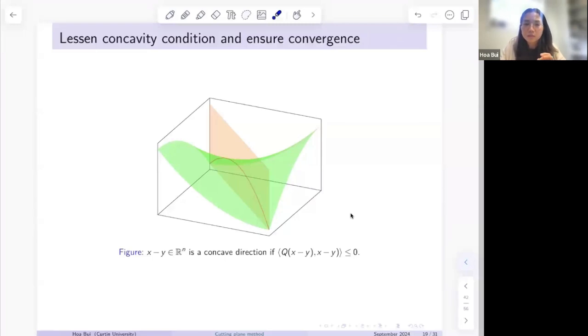But for the cutting plane method to work, we only construct the tangent plane at certain points. And what we need is to make sure that the tangent plane that you construct at those points doesn't exclude the optimal solution. The method still works.